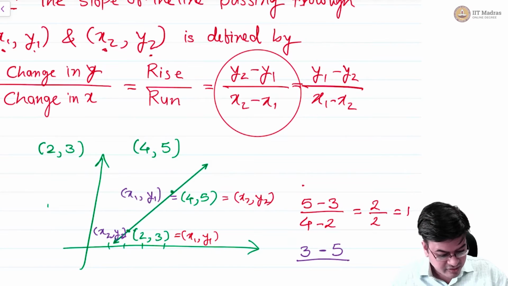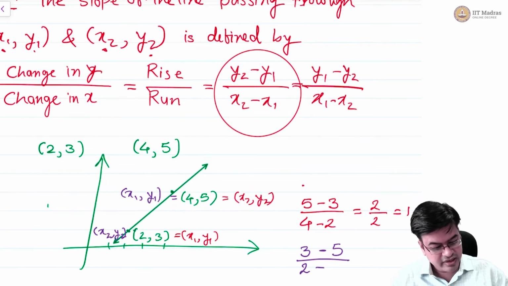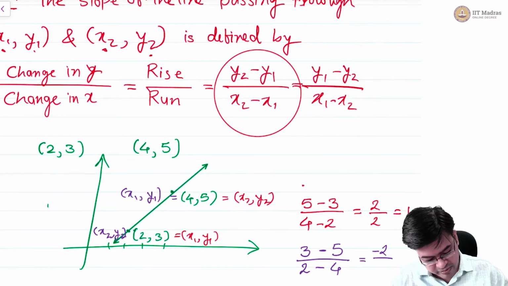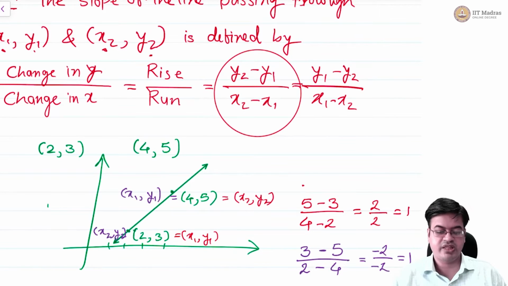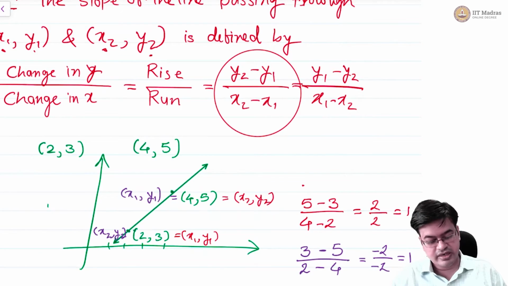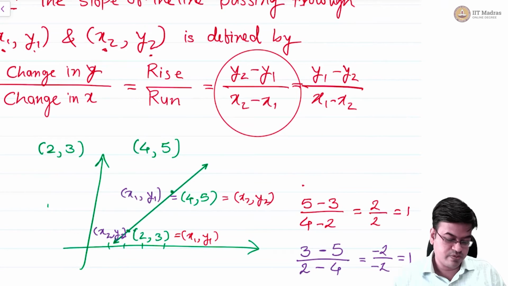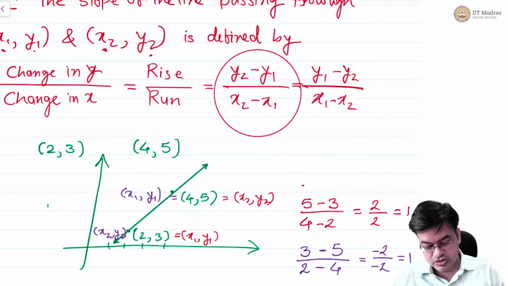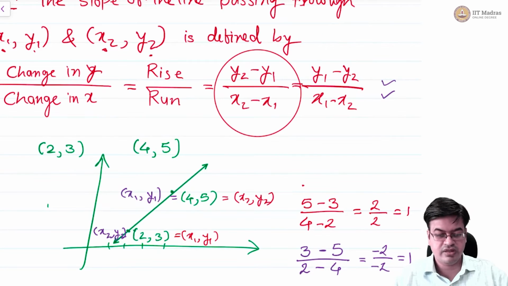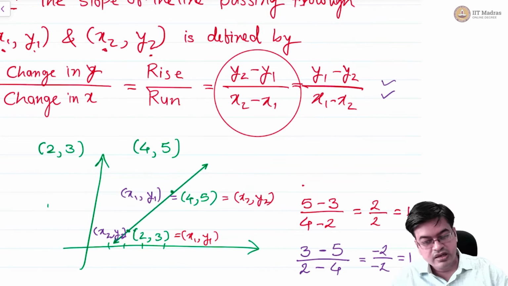But remember here what will happen to x2? x2 will be 2 and x1 will be 4. So you will get minus 2 by minus 2, which will again give me 1. Therefore, it doesn't matter which points you choose or which order you choose. So both these definitions of slope will be equivalent all the time, right?